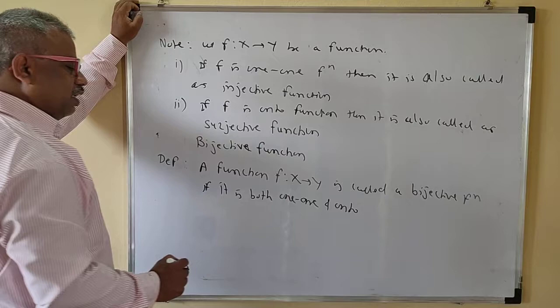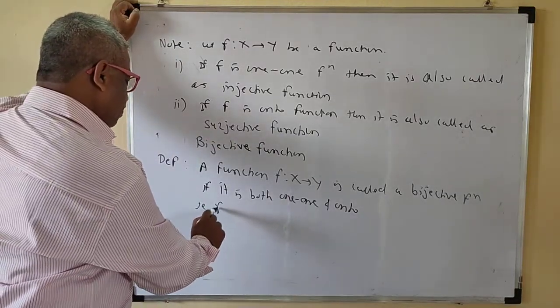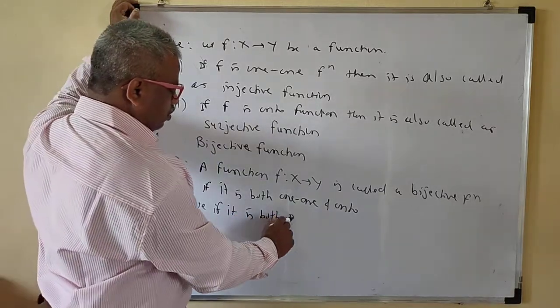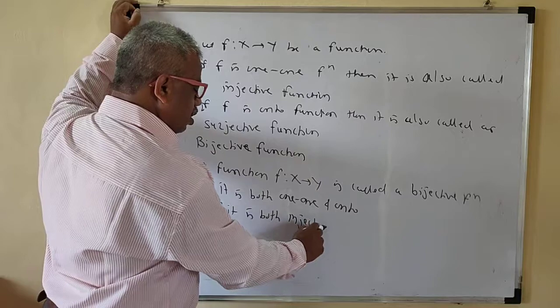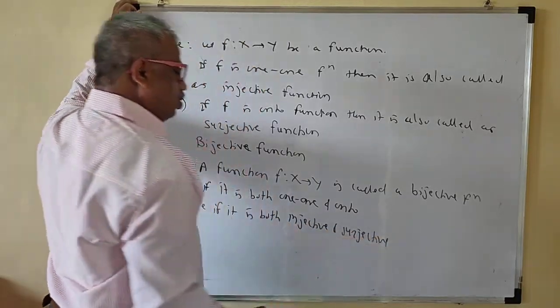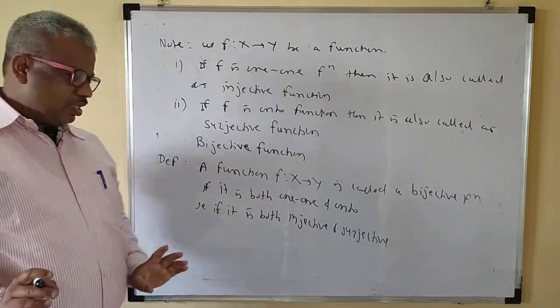So we also call it both injective and surjective. That is, if it is both injective and surjective. Use only one of these: both 1-1 and onto, or both injective and surjective.